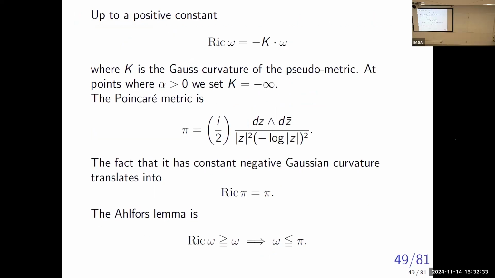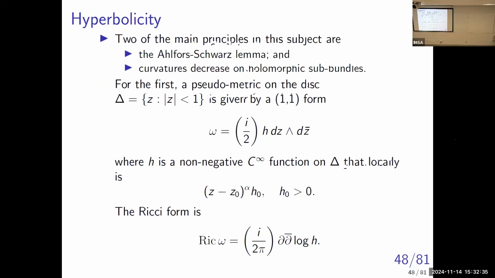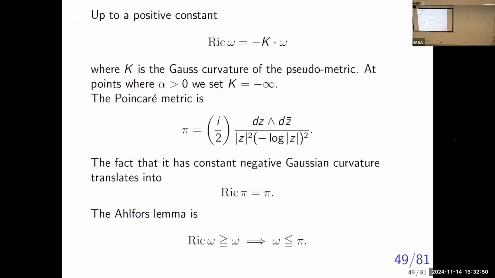So the Ahlfors-Schwarz lemma, first it's dealing with the pseudometric on the disk. That's the sorts of things that you would get when you have ramification. And this is the Ricci form. The definition of the Gauss curvature of the Ricci form, or the curvature, in the one-dimensional case, the Gauss curvature is this.